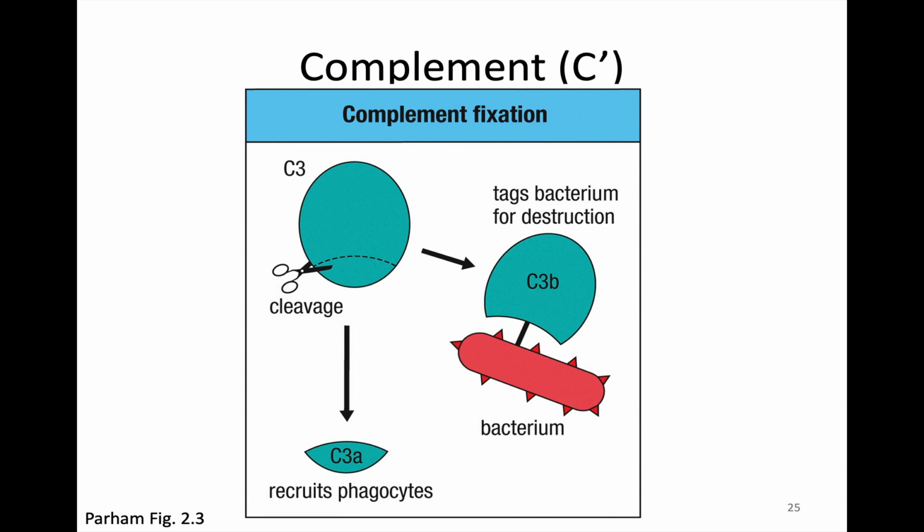This is the broadest thing I want to tell you about complement. First of all, sometimes immunologists abbreviate complement as C prime. So I've got C prime there. If I ever by mistake am writing on the board and write C prime, I mean complement. Complement involves a bunch of different complement proteins.